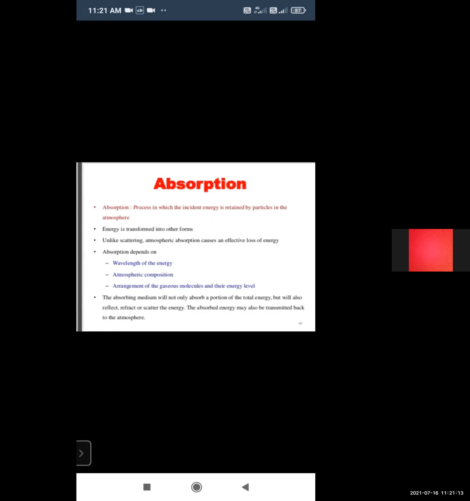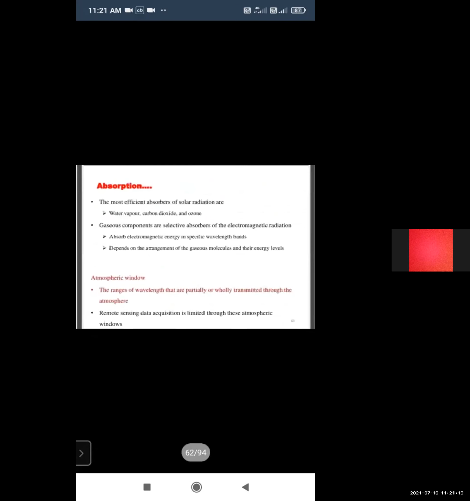The absorbed energy may also be transmitted back to the atmosphere. In absorption, the most efficient absorbers of solar radiation are water vapor, carbon dioxide, and ozone.